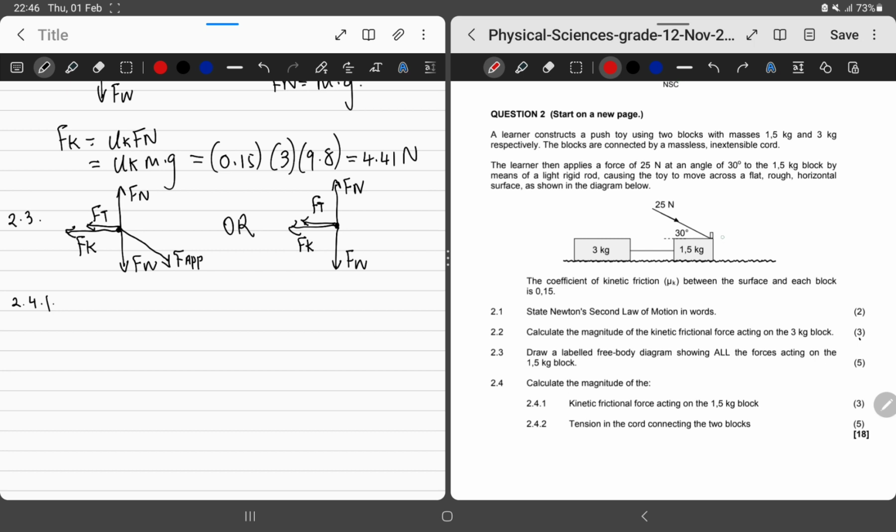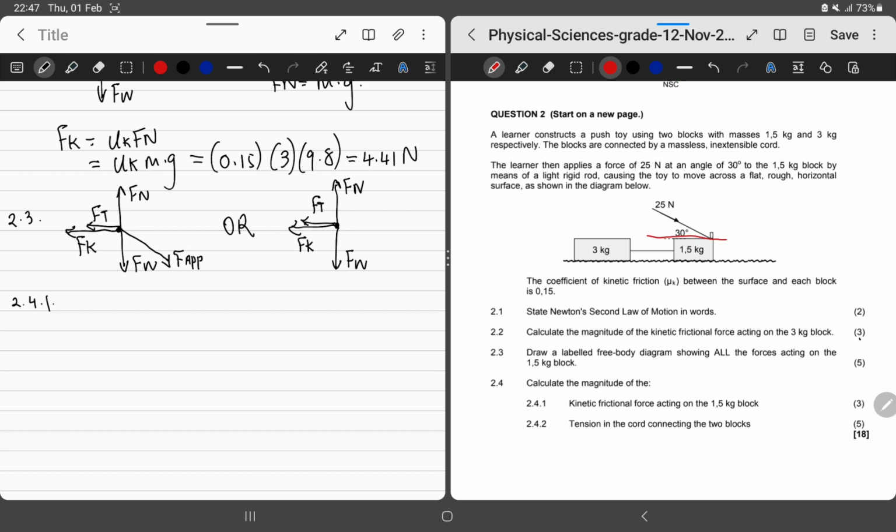If I were to draw a Cartesian plane there, you will notice that this force is neither in the x nor the y axis. Whenever I have a situation like that, I need to resolve it into its components.